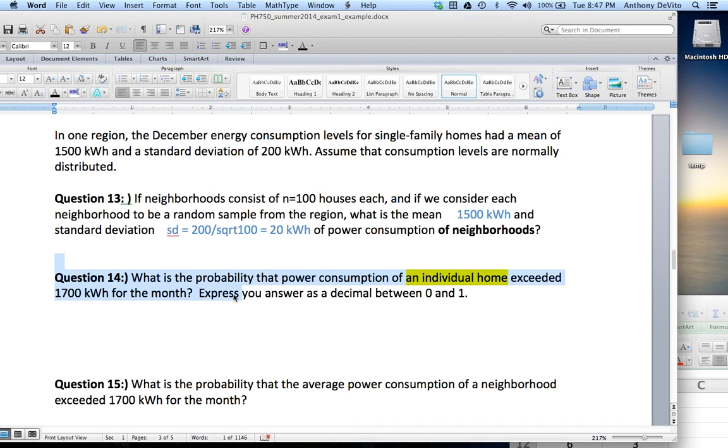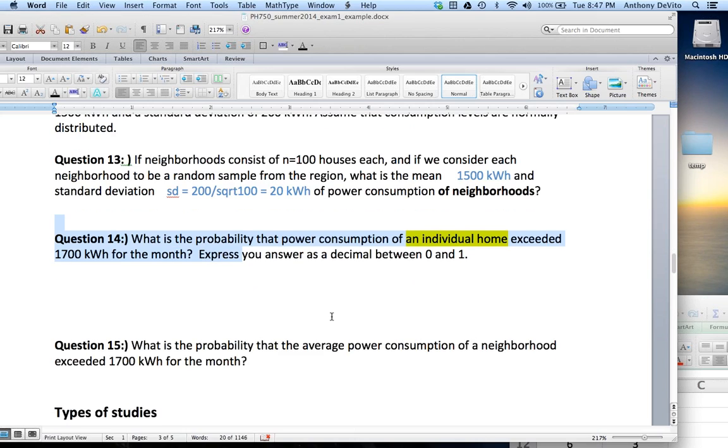So what's the probability that the power consumption of an individual home is higher than one standard deviation above? Well, we know from the empirical formula and what we just did before that that's going to be roughly 16%. If you use the z-score equal to 1, find what's below it and subtract it from 1, that'll give you an even more precise answer than 16%.